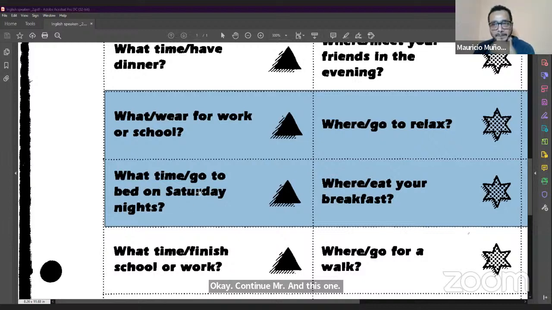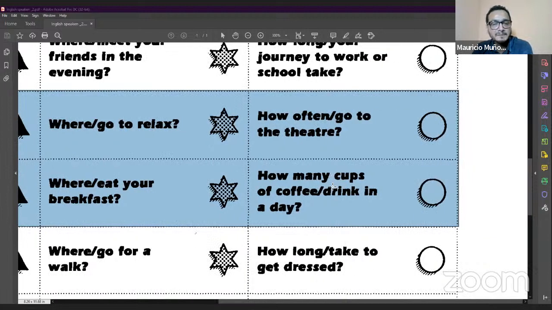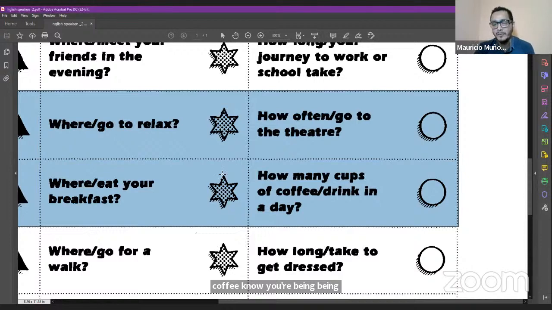What time do you go to sleep on Saturday? This question, please. Where do you have your breakfast? This one. How many cups of coffee do you drink in a day? Bring it on. Thank you for your participation.